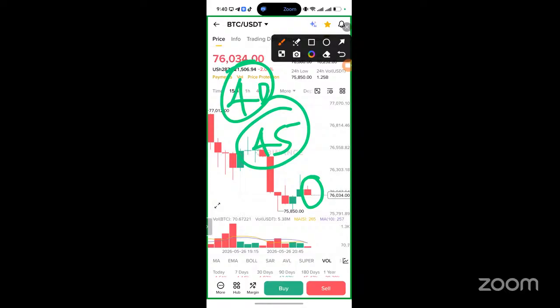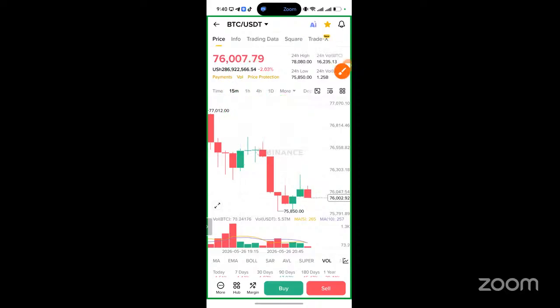But we have two forces. We have the buyers and the sellers. Who remembers it was in green? Now the sellers are selling so much. They are pushing the market down.